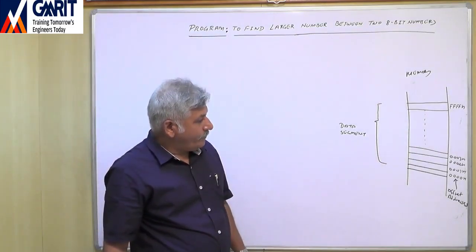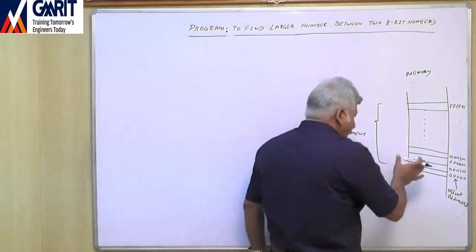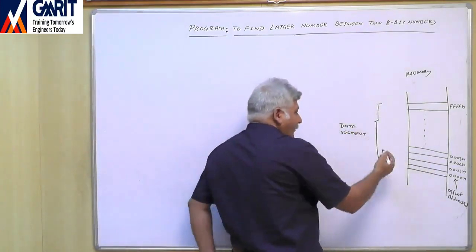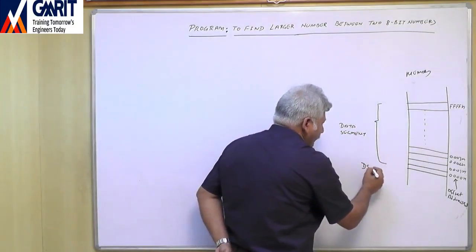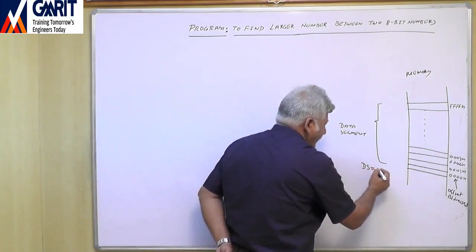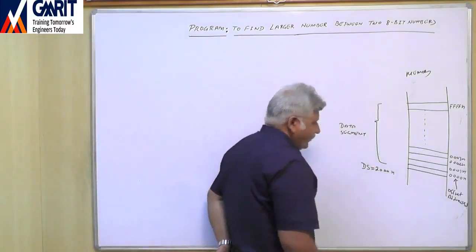Let us assume, to initialize where exactly our data segment is, we have the data segment register, and let us assume it has the value 2000H, right?